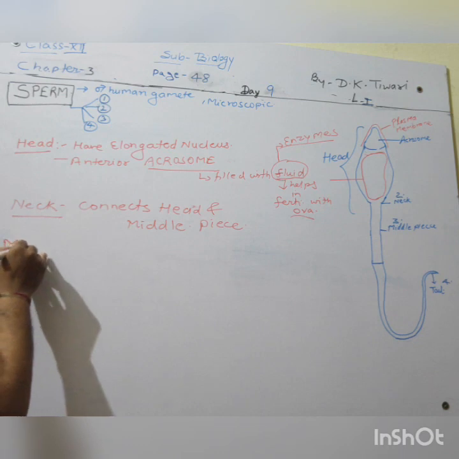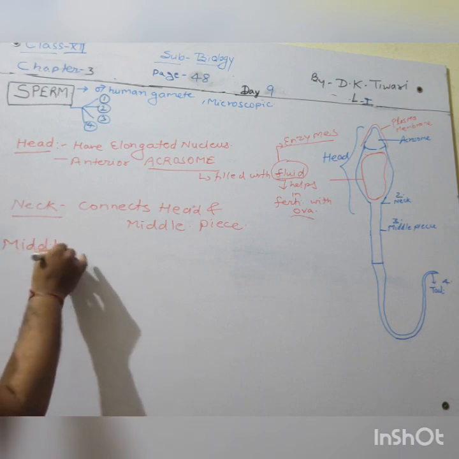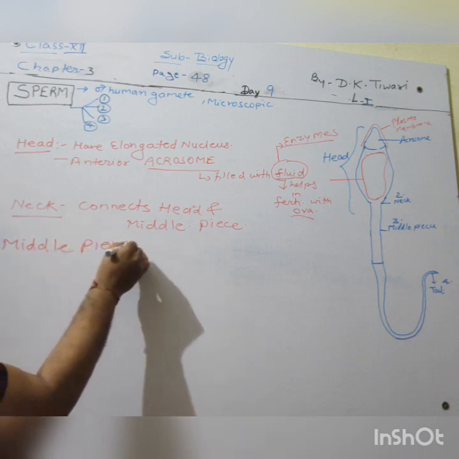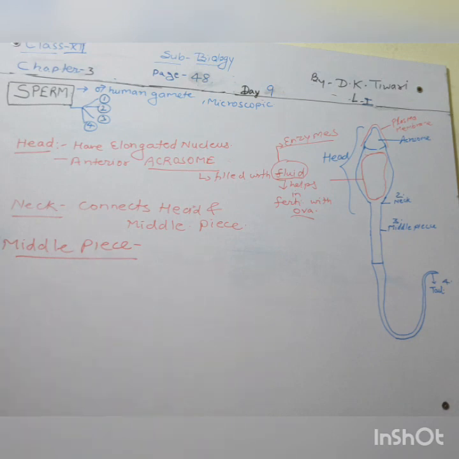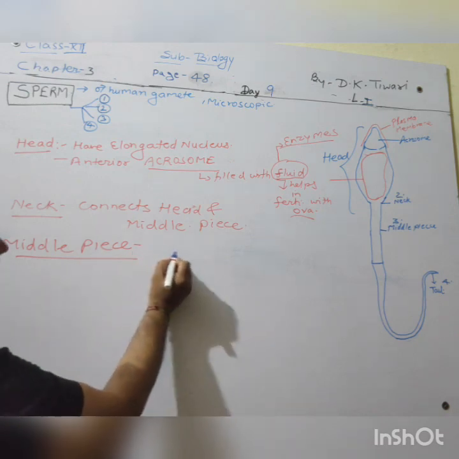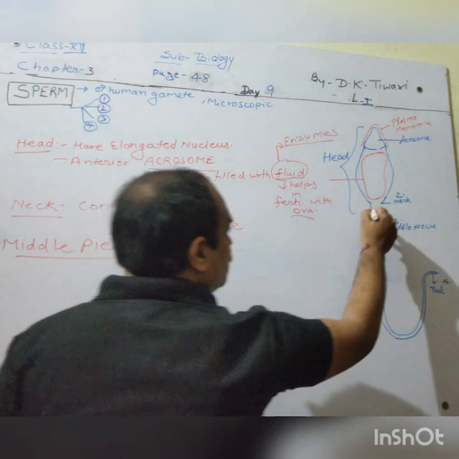Now the third part, the middle piece. What about the middle piece? As the name suggests, it is present in the middle part, and it has so many mitochondria.